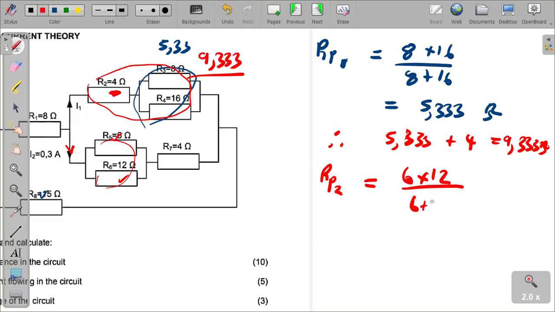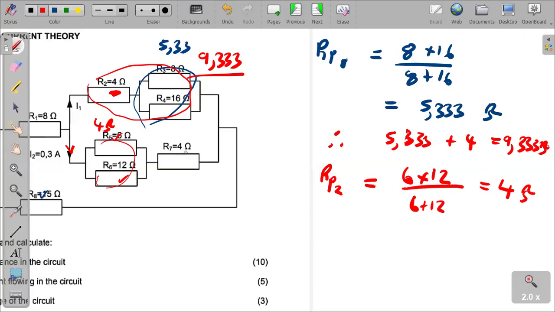We simplify that directly. What do we get? We get 4 ohms. Now that 4 ohms we have just determined, what is it to this R7? With R7, it is in series.